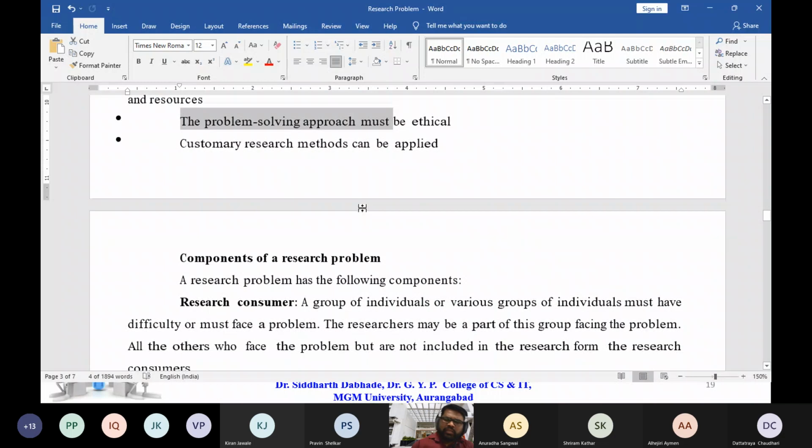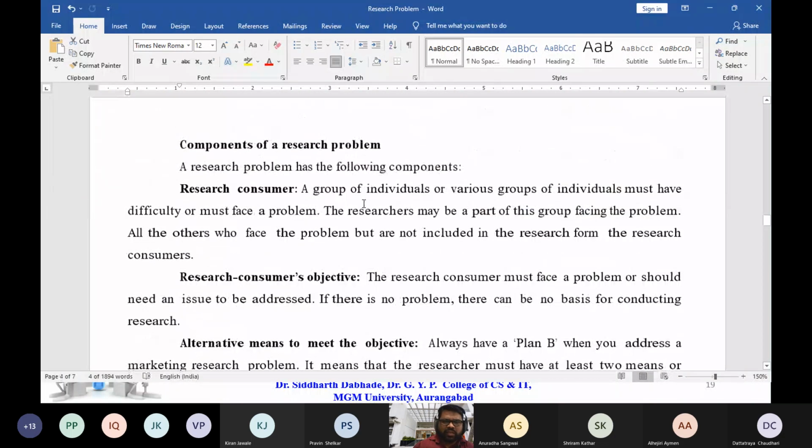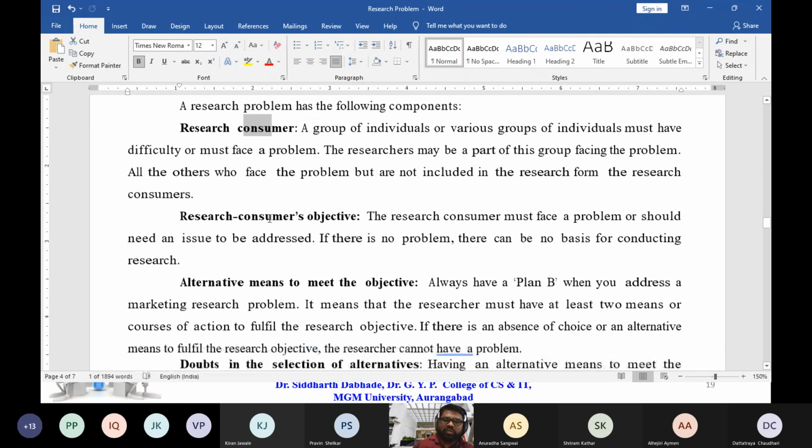And consumer research methods can also be applied here. There are certain components we need to consider while framing your research problem. If the consumers are facing problems, that problem can be considered as a research problem, and then you are going to give the solution.